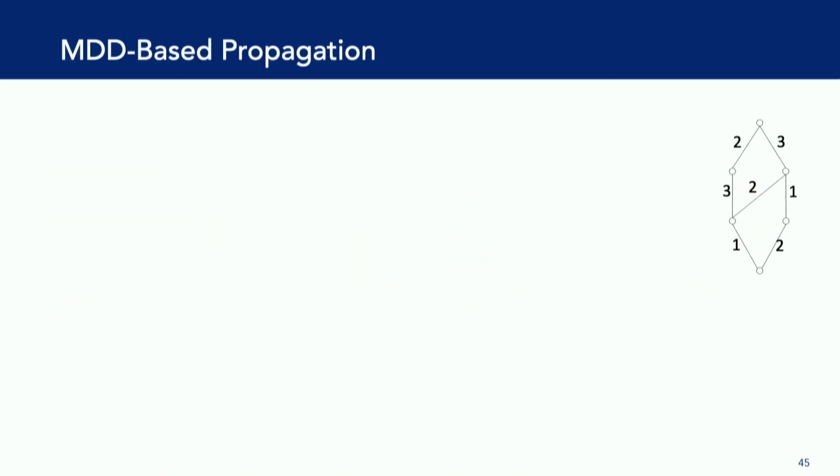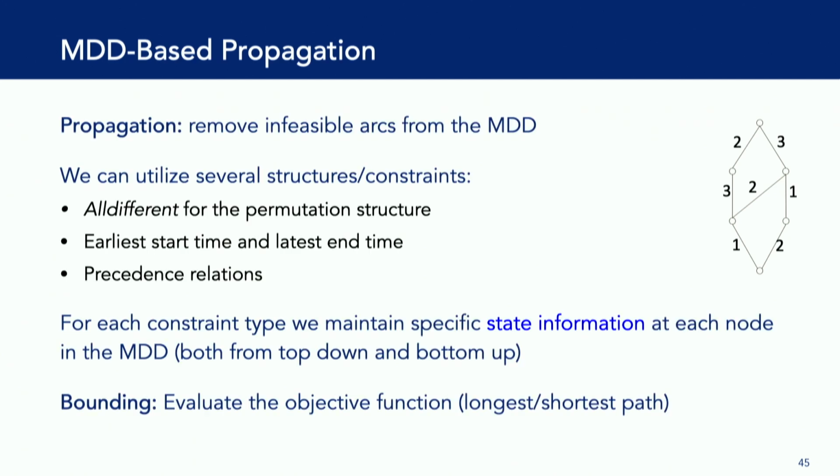All right, how do we build them? How do we propagate these things? Well, we have several constraints. We have the all-different constraint that gives us the distinct values, so the permutation structure. We have earliest start times, latest end times, and then we have precedence relations or anything else you want to add on top of this.